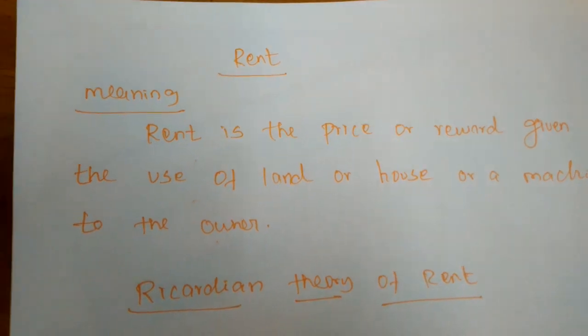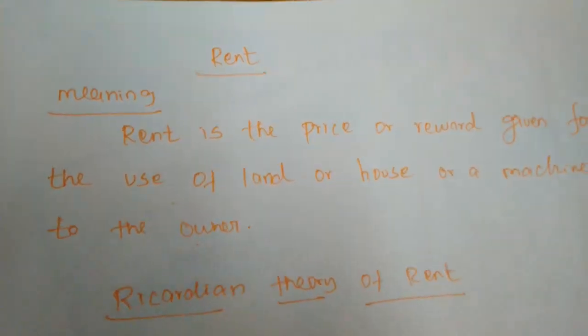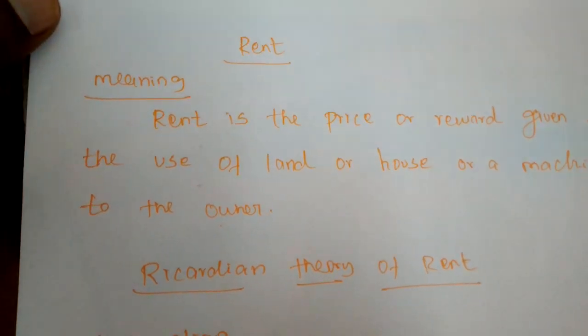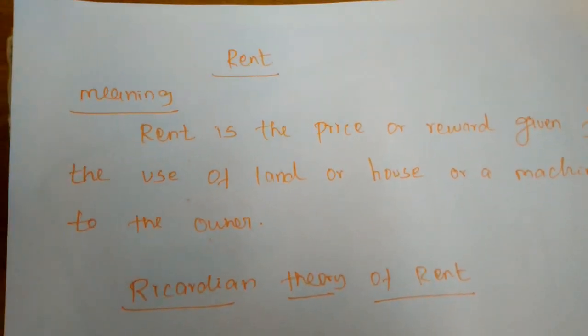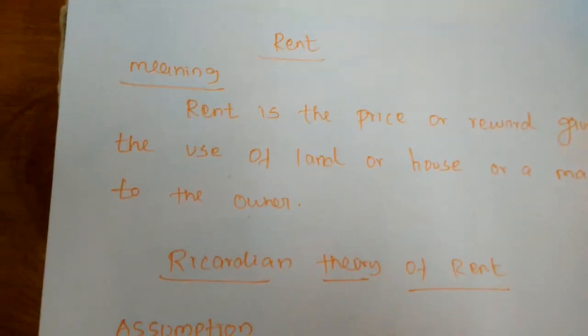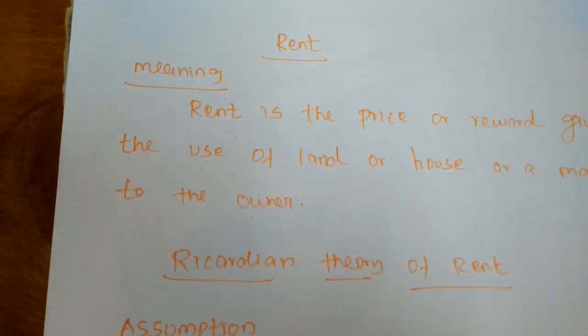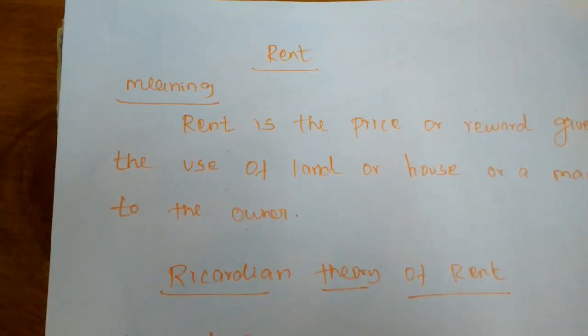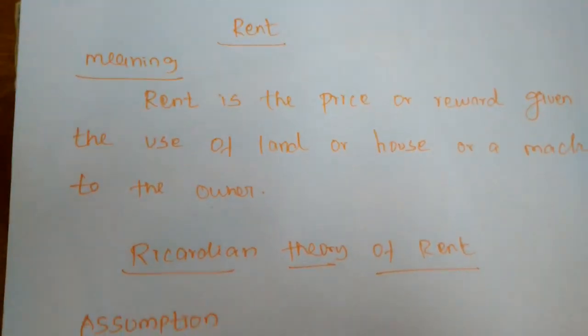Okay students, today we will study about rent. Rent is also one of the prices, for the landlords. So what is the meaning of rent? Rent is the price or reward given for the use of land or house or a machine to the owner.